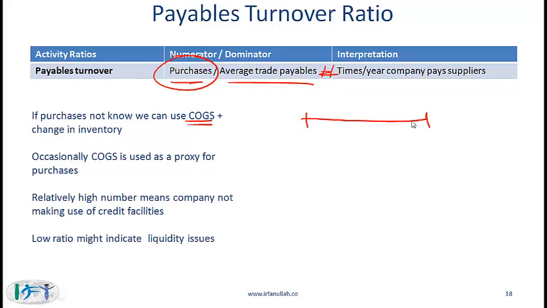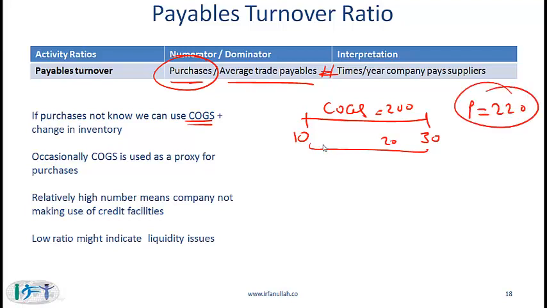If you have a given period where COGS is equal to 200, the inventory at the start of the year was 10 and at the end of the year is 30, then this means that the purchases must have been 200 plus the change, which is 20. So purchases must have been 220. So that is the precise measure to use.